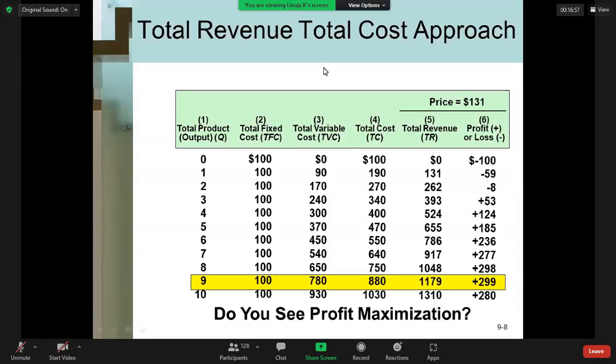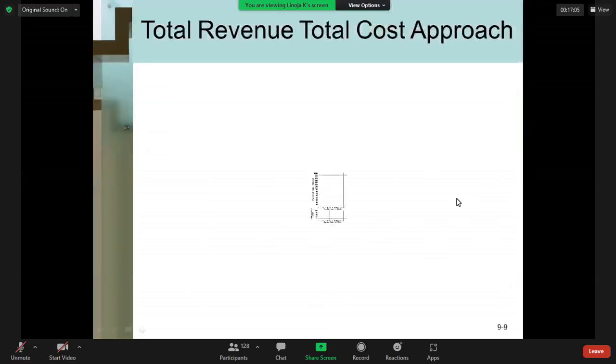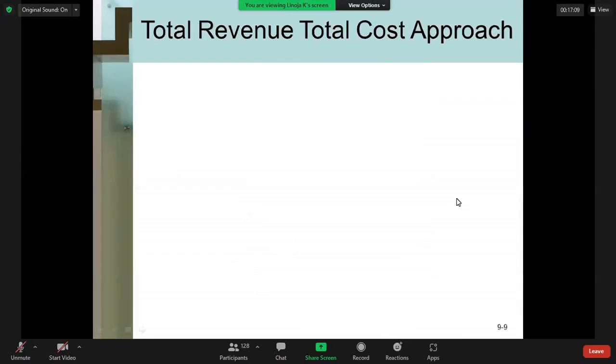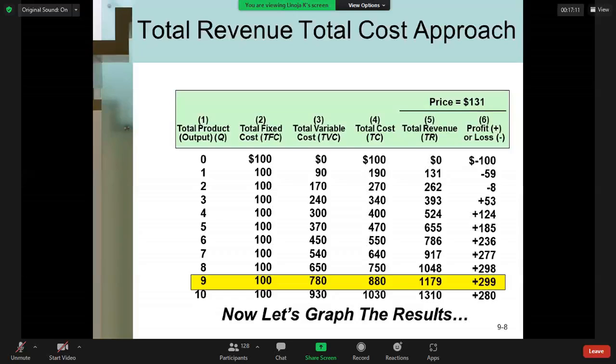I think the time is up. So make a graph for this one. I think you have a class after 2, right? Yes, ma'am. So I'm winding up with this approach.